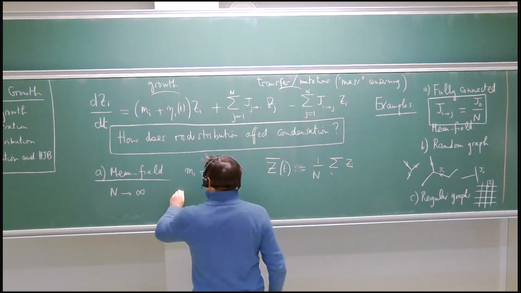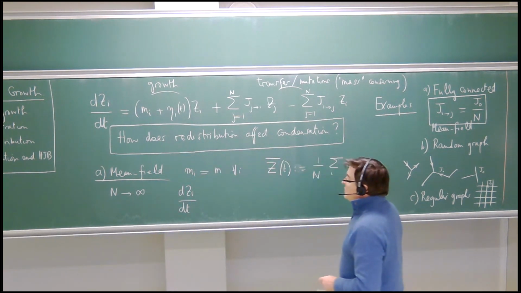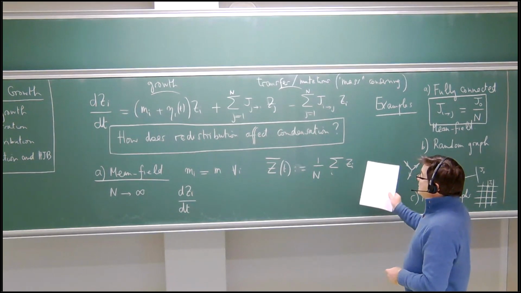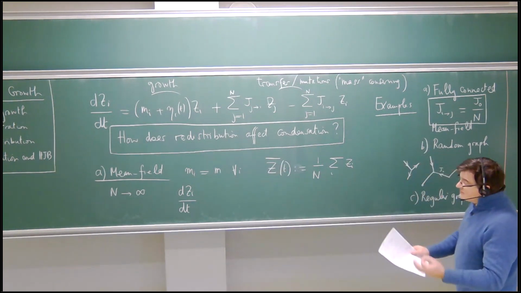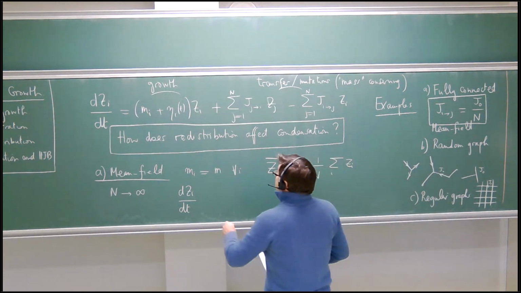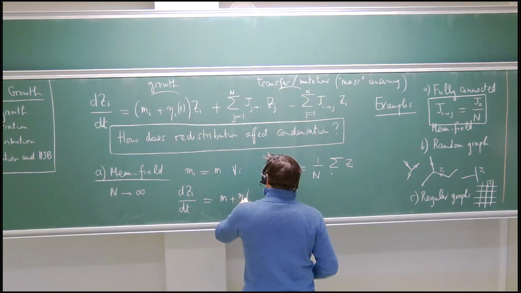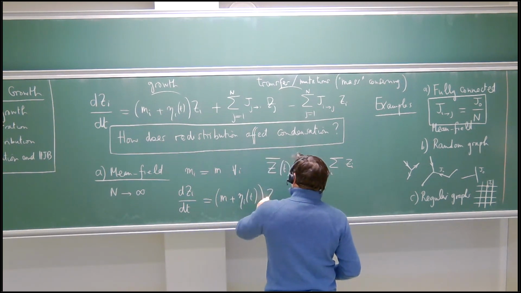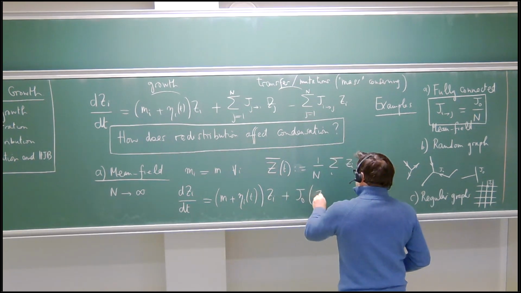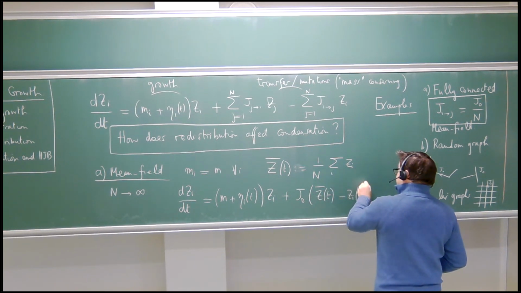So in this limit, or in this case, the equation on z_i decouples, or actually it's only coupled through the mean of z, but it's not explicitly coupled to individual j's anymore. It's the same z bar that couples everybody. So it's equal to m plus eta_i of t, z_i plus J0 z bar of t minus z_i of t.